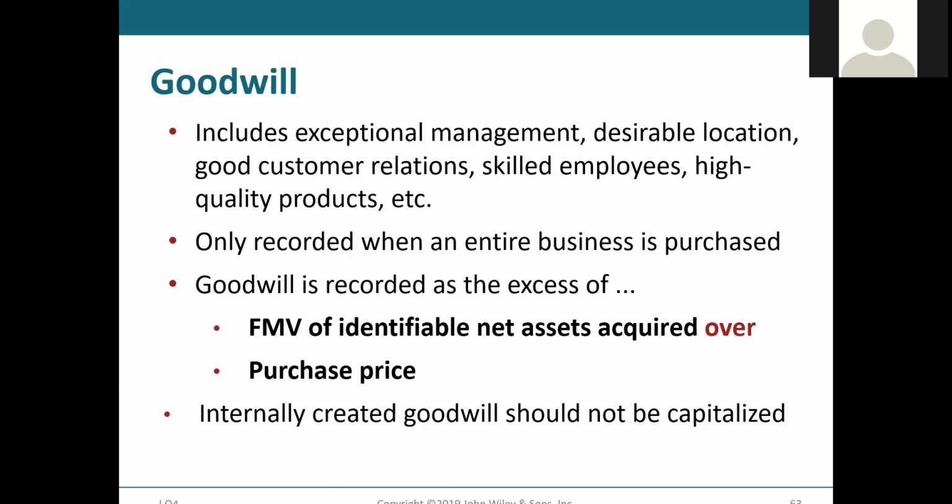So the fair market value of my business for you is $1.5 million. If you then pay me $1.7 million for my company, the difference of $200,000 is called goodwill. Internally created goodwill should not be capitalized.